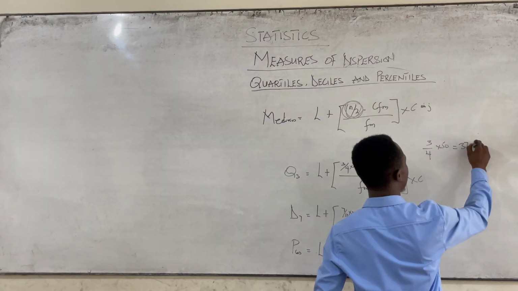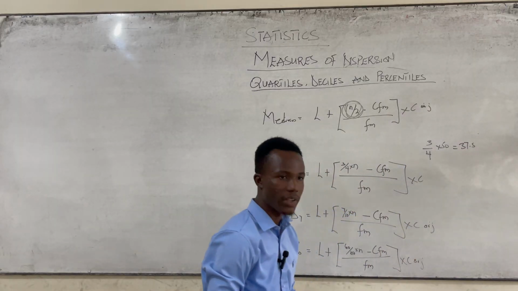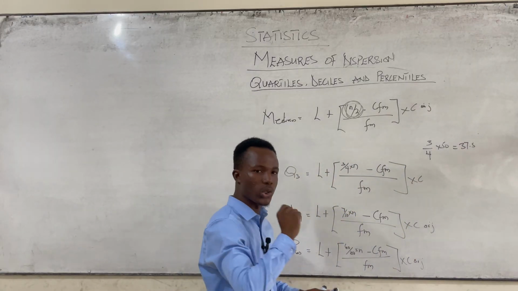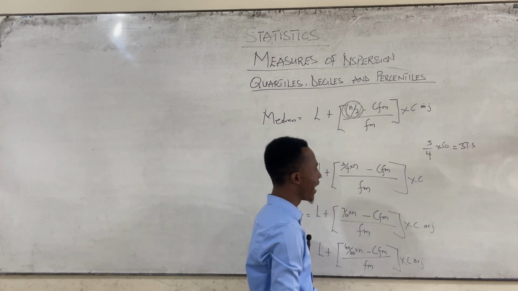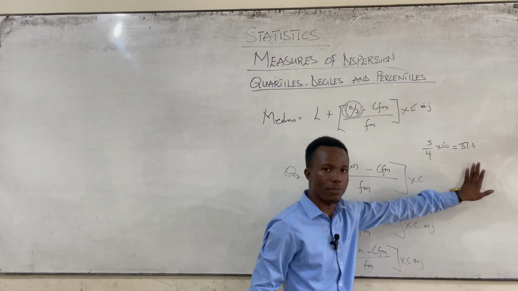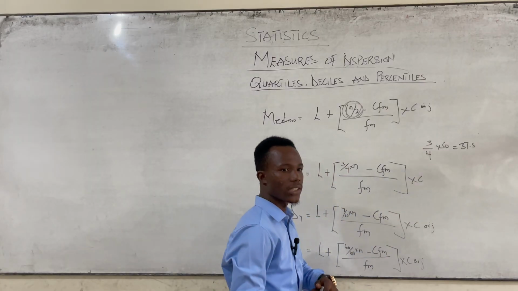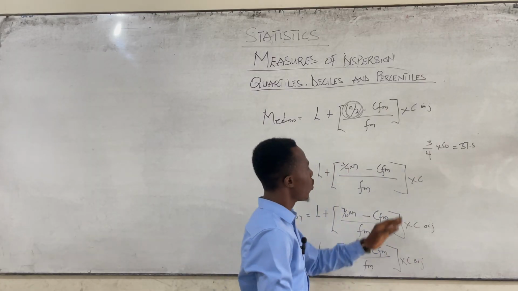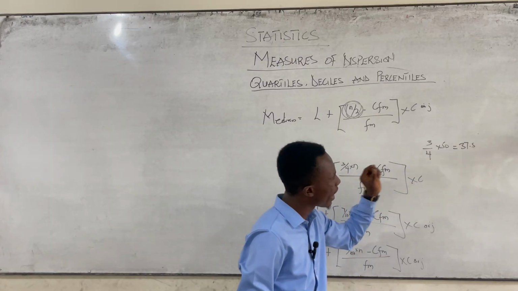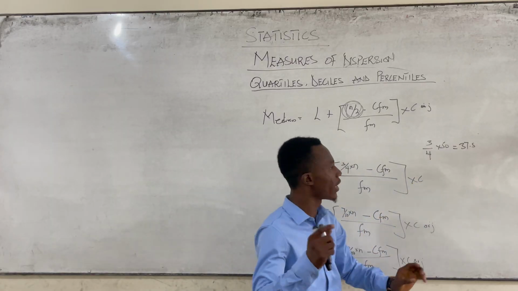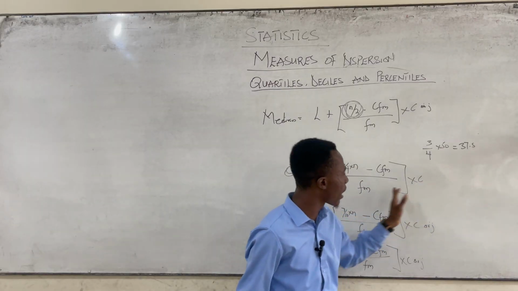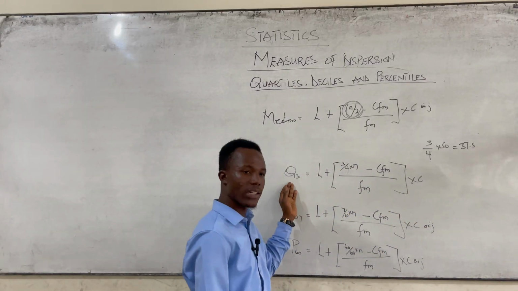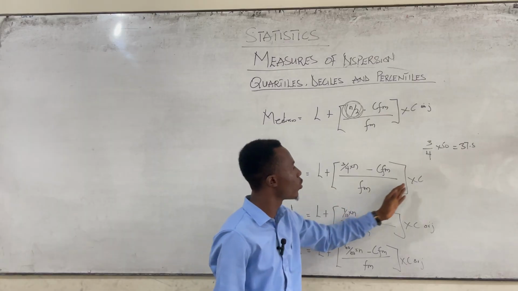So 37.5 is the class that you are going to deal with. Do you get it? So you go to your cumulative frequency, then you check where this 37.5 will be. Wherever you see a number where you think this 37.5 will fall, that class becomes the class for the third quartile, or the class that you are going to deal with.